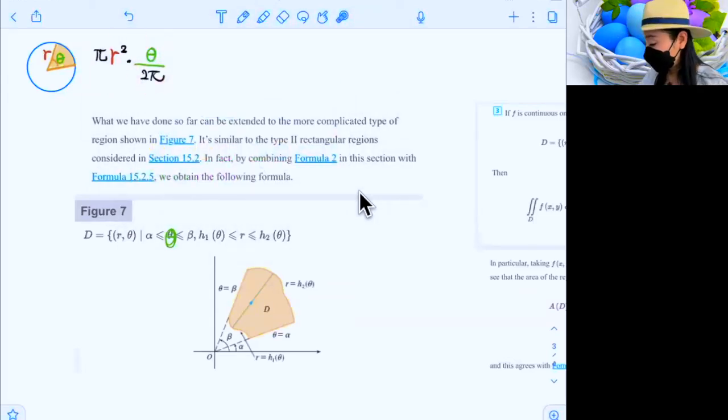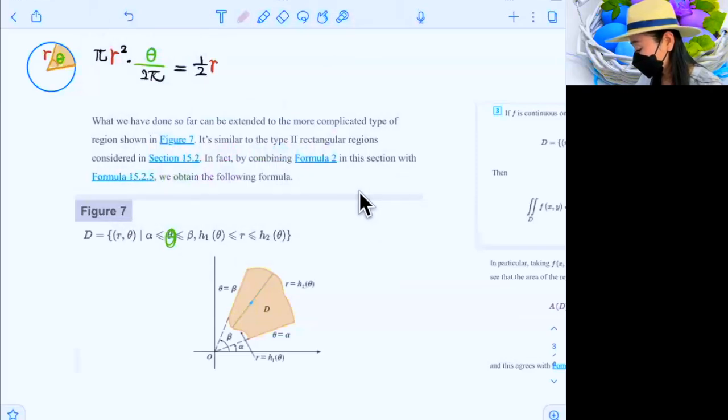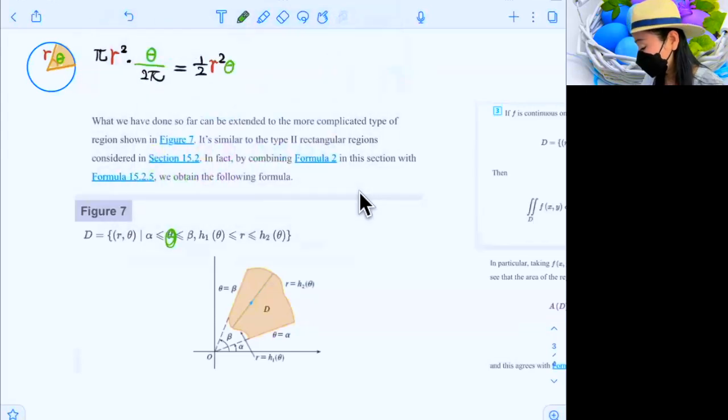Now, when you simplify this, that is going to be 1/2 r square theta. So that is the area of the segment over here.